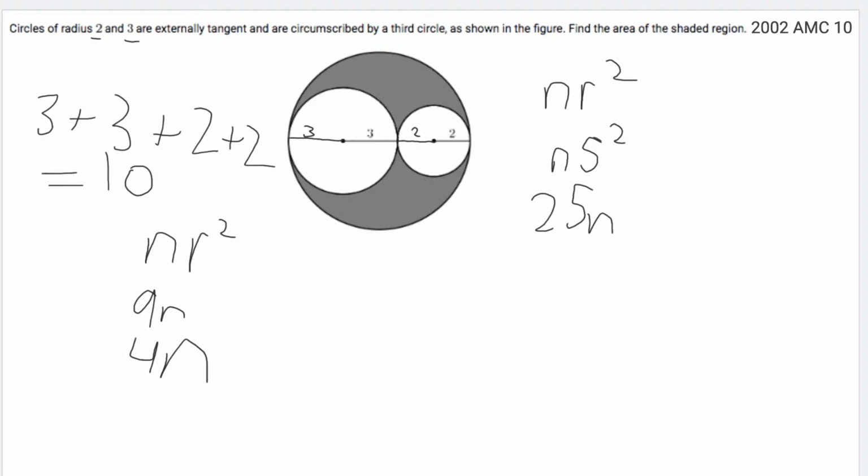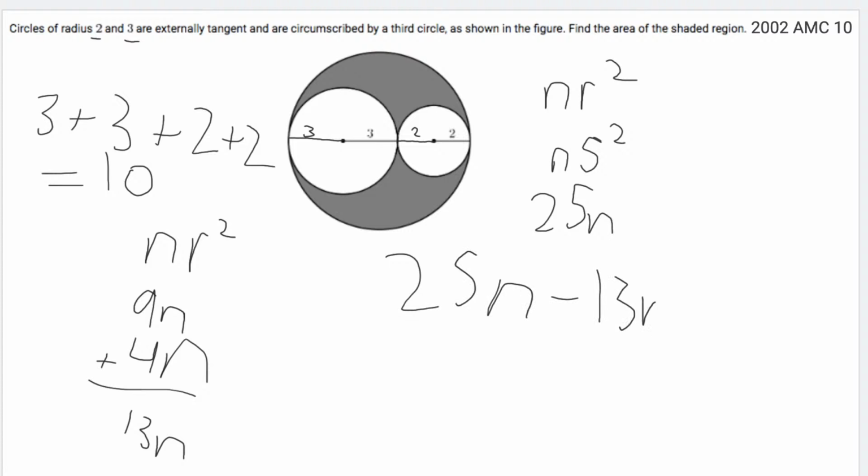The area of these two circles combined is 9 pi plus 4 pi, which is 13 pi. Now we subtract from the entire region, 25 pi minus 13 pi, which is 12 pi.